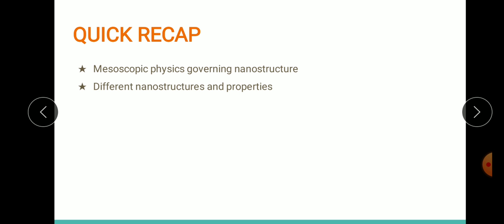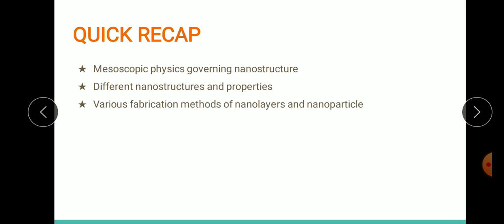Later we went on to the different types of nanostructures. We have the 1D, 2D, 3D, zero-dimensional nanostructures. We discussed their properties. And in the second module, we covered the fabrication methods of nanolayers as well as nanoparticles. We had a number of fabrication techniques for nanolayers and nanoparticles.